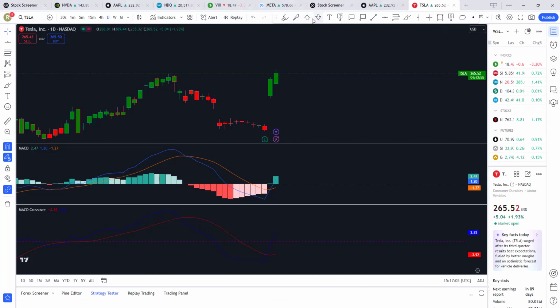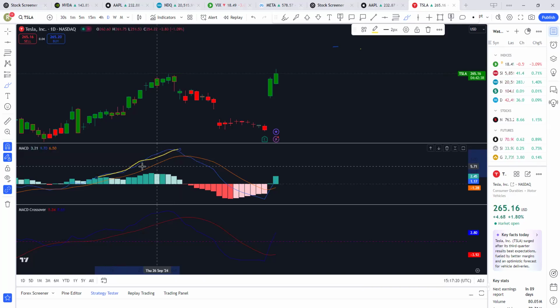Let me use one of my pens so I can help you see better. It's very clear now. This MACD line, the blue line, is above the orange line. So whenever it's above, you see the stock is green now, meaning the stock is going up.